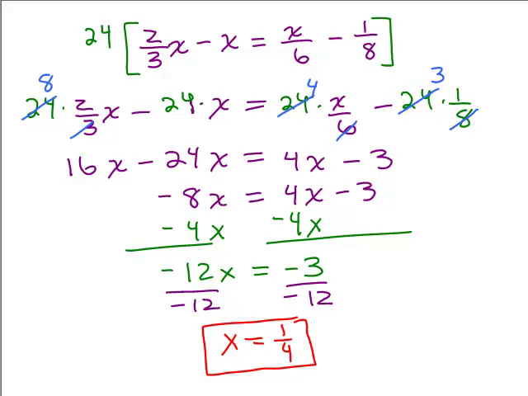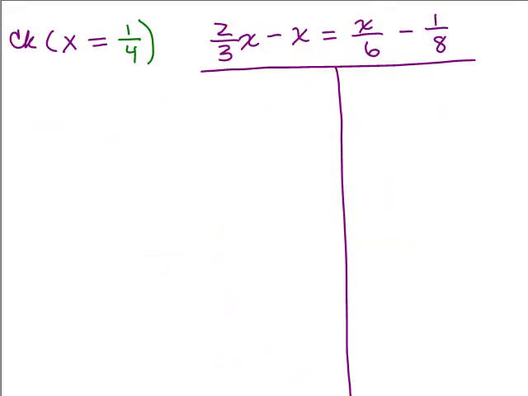The next step is to check it. We're going to check to make sure 1/4 is the correct solution. So I have 2/3 times 1/4 minus 1/4. Now I'm only checking one side at a time. I need a common denominator here in order to do the subtraction. I'm just going to go ahead and let it be 12.